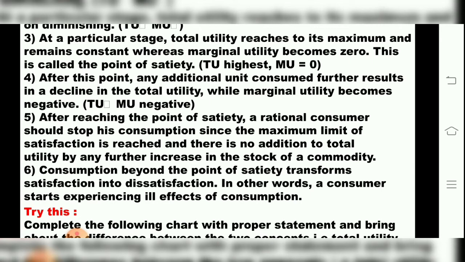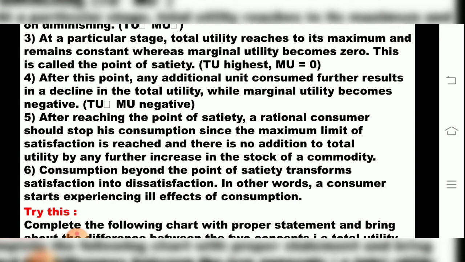So, children, that person having 10 mangoes in a day is satisfied with that, but he will not go for the 11th mango. Even if he goes, say he is eating the 11th, 12th mango, what will happen? Ill effects will start. Means what? Either he will vomit or he will not feel well and he will have to rush to the doctor.